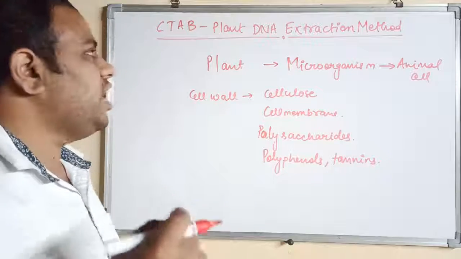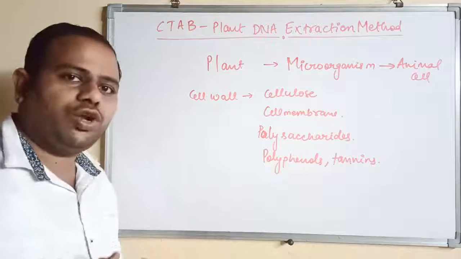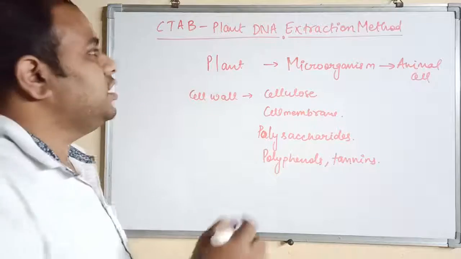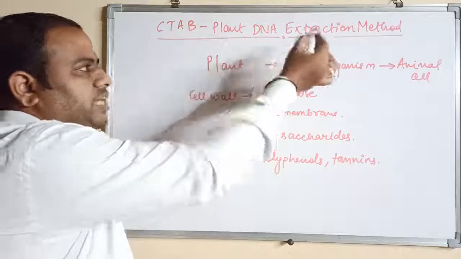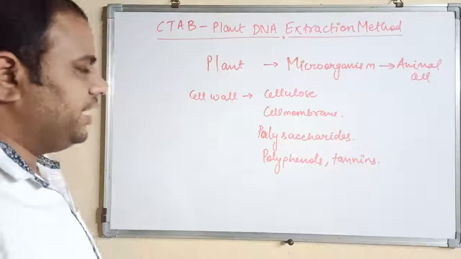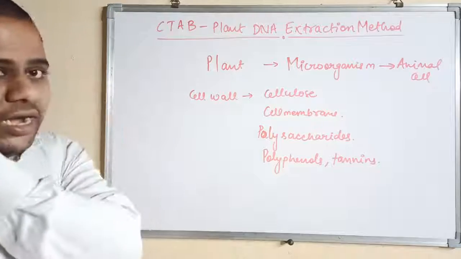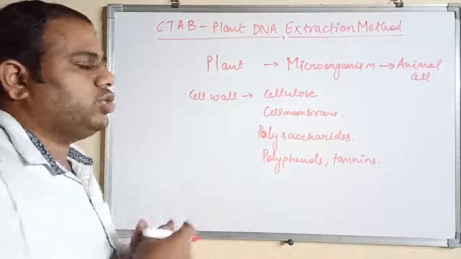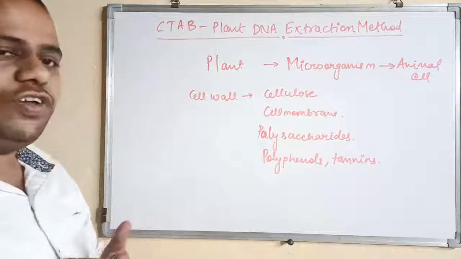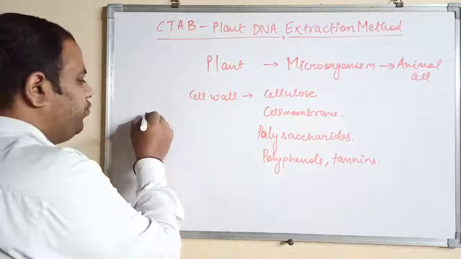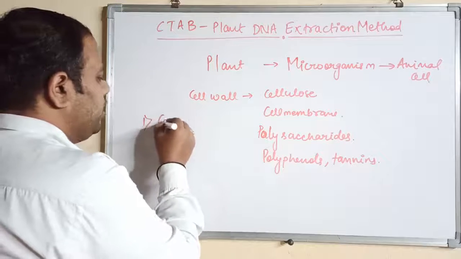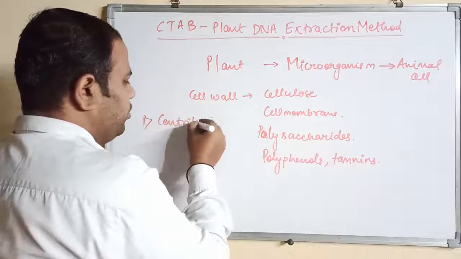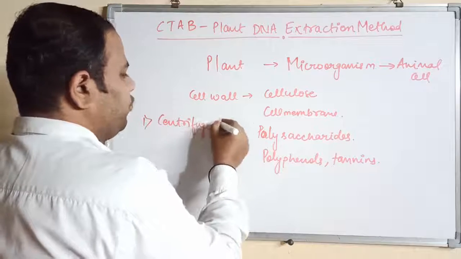So there is an efficient method for the isolation of DNA in plant cells, that is CTAB plant DNA extraction. Let's see the method in detail, and we are going to see the different instruments here. The first instrument that is required is a cooling centrifuge.